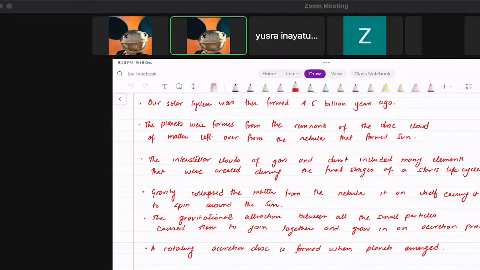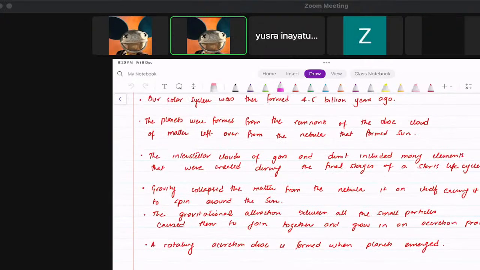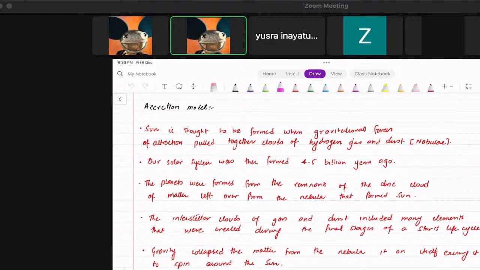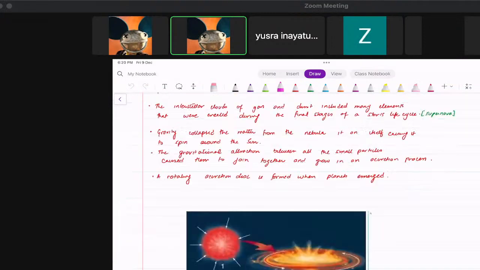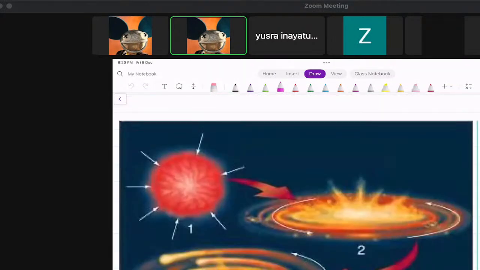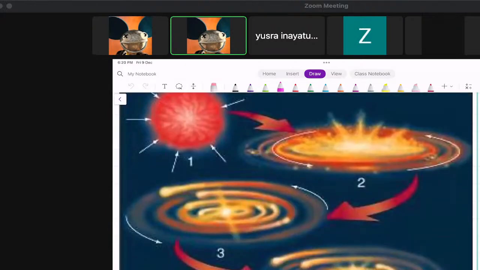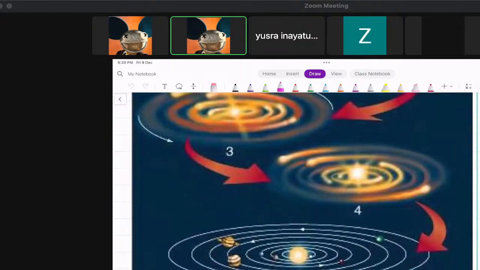Okay, so this is stage 1 where you see it says that the sun is thought to be formed with gravitational forces of attraction pulled together clouds of hydrogen and dust. This is how the sun looked, right? Then the planets were formed like this, the other particles joined together, the sun grew hotter, and now we have the 5th model where planets are moving.